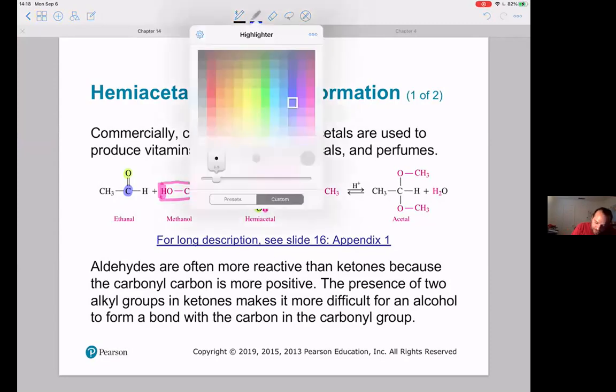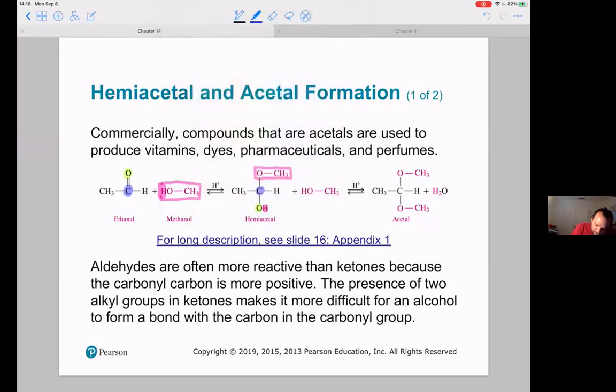And then we can have a second round. I'll even make this a different color. Here's our carbonyl carbon. We have now a second round of alkoxy addition here. So now I have both alkoxy groups on my carbonyl carbon.